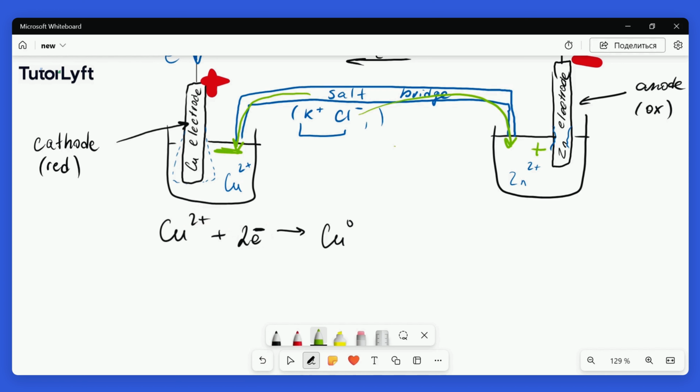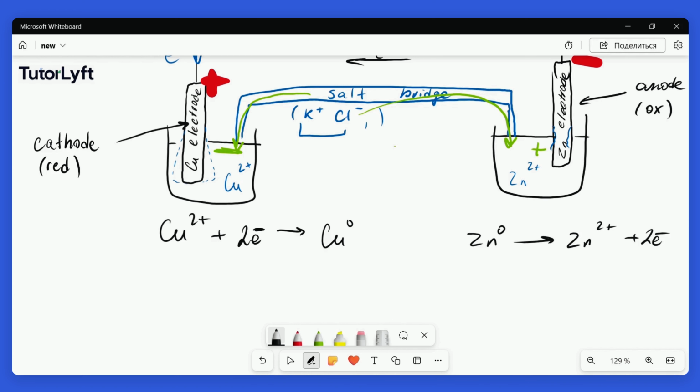But we don't show it to teachers, of course. We show exactly what we know is happening. Electrons are getting accepted. Electrons are moving to copper. Whereas for zinc, zinc was 0, and it gets rid of the electrons. So we get Zn 2 plus and 2 electrons.